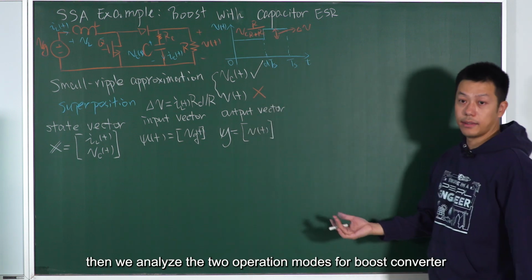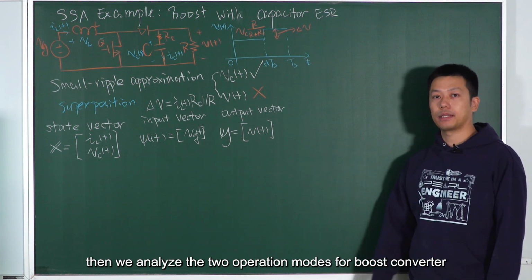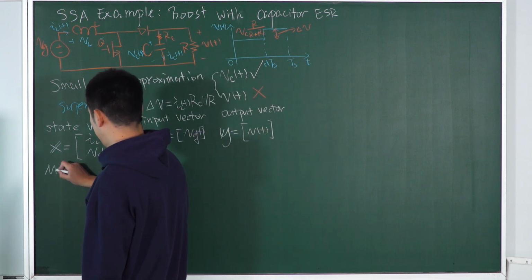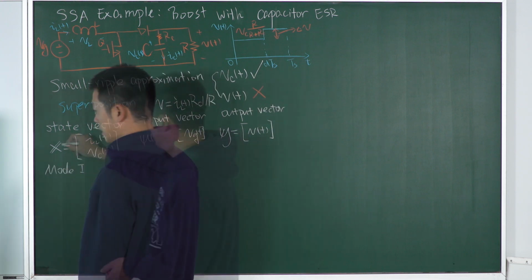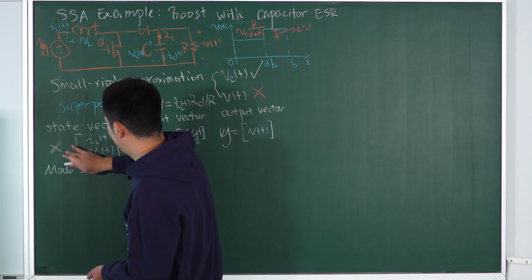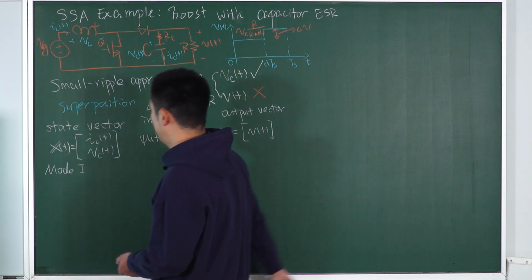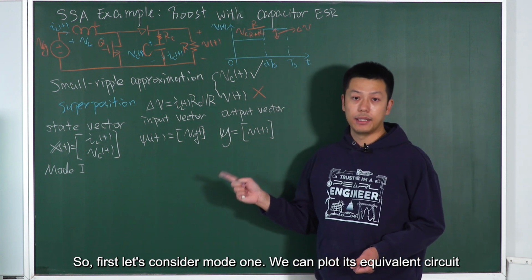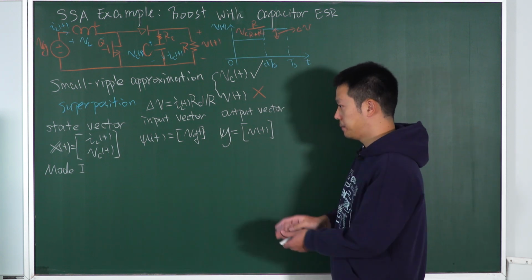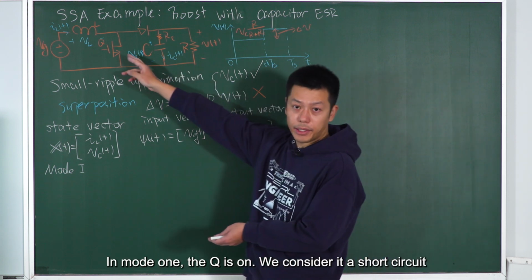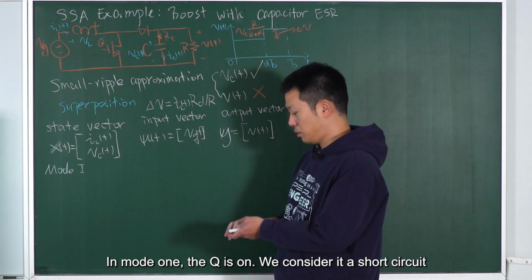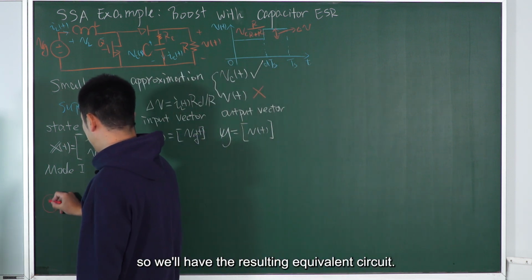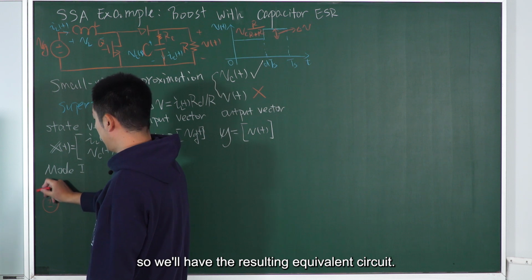Then we analyze the two operation modes of the boost converter. First, let's consider mode 1. We can plot its equivalent circuit. In mode 1, Q is on. We consider it a short circuit. So we will have the resulting equivalent circuit.